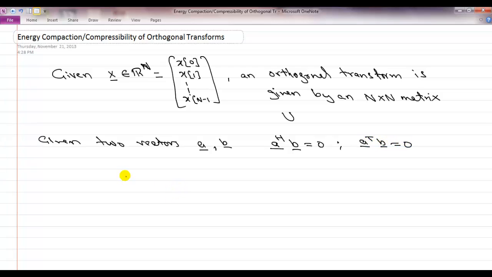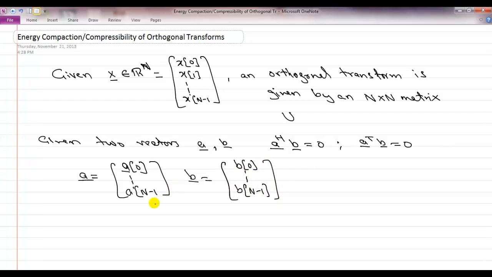Okay. If you think of each vector as just samples or a discrete time sequence, for example, you could think of A being equal to A0 up to A(N minus 1), and B equal to B0 up to B(N minus 1).